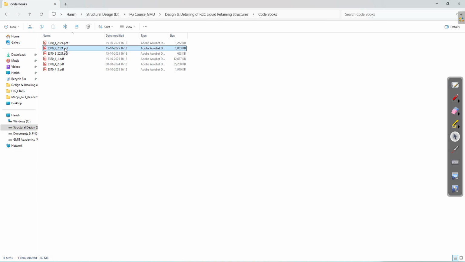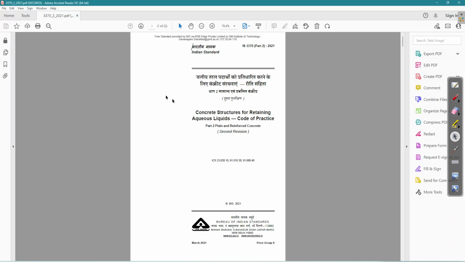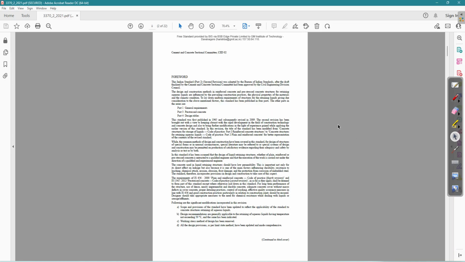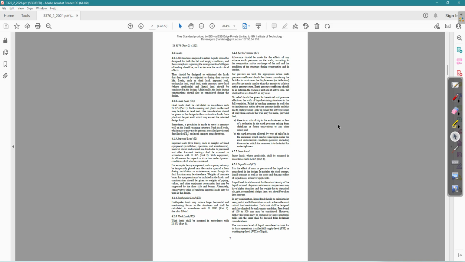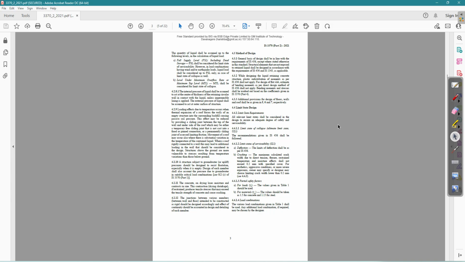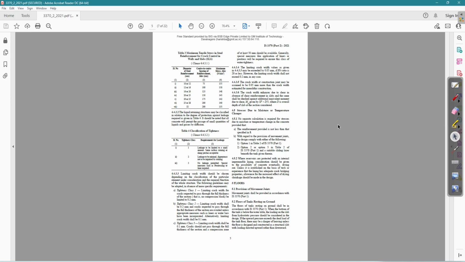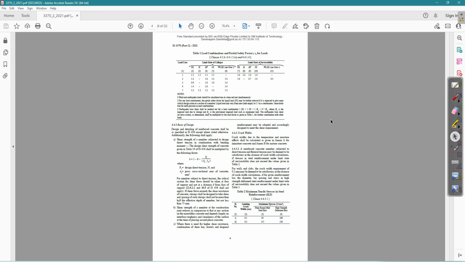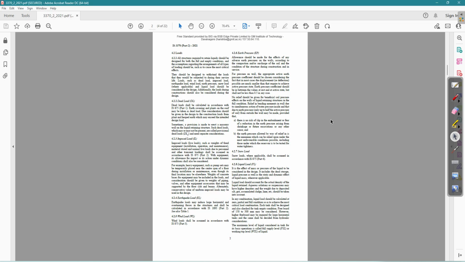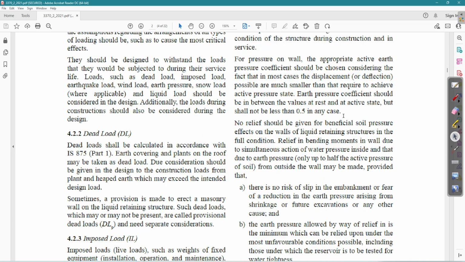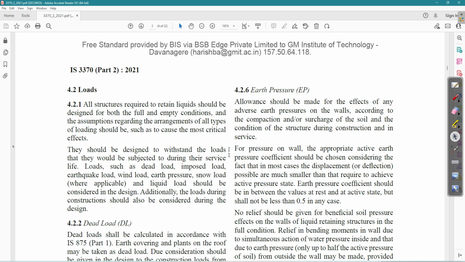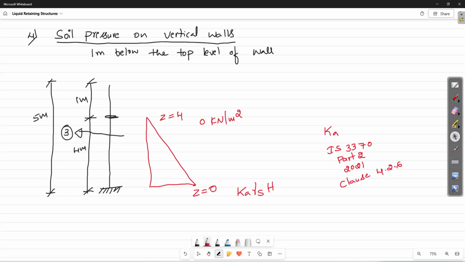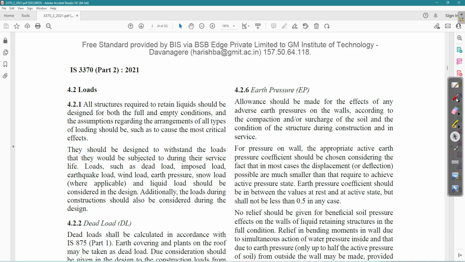So it is part 2, clause 4.2.6. Yes. See here.